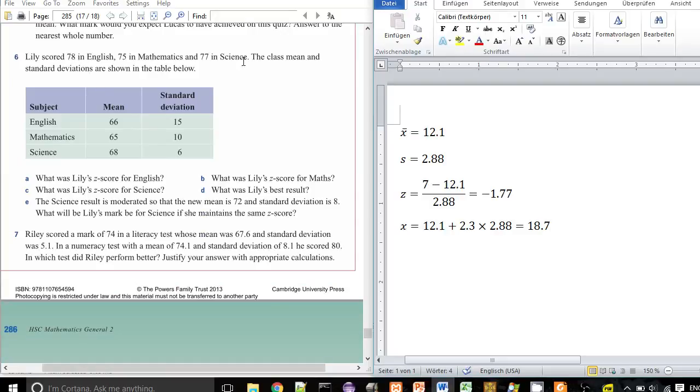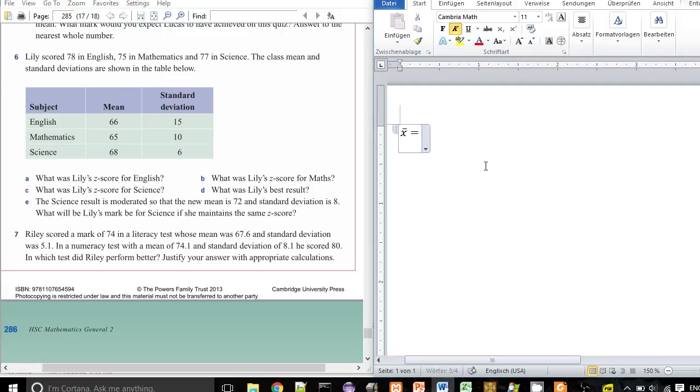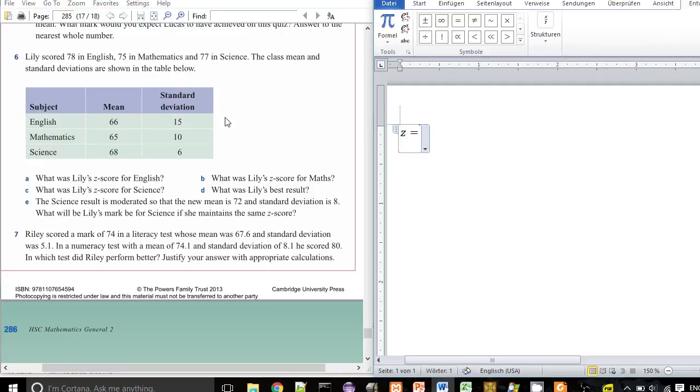78 in English. Okay, those are our marks. So Z score for English, we're going to compare. She got 78, so let's just use the formula. So her mark compared to the mean, and then divide by the standard deviation.